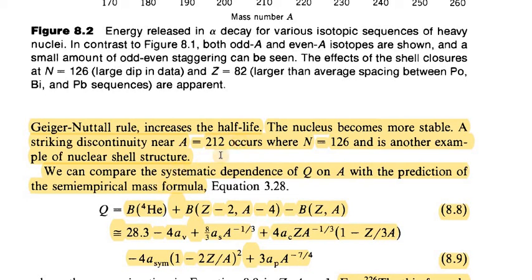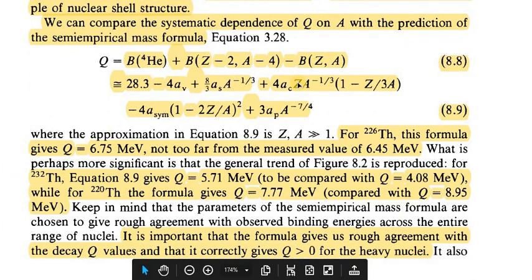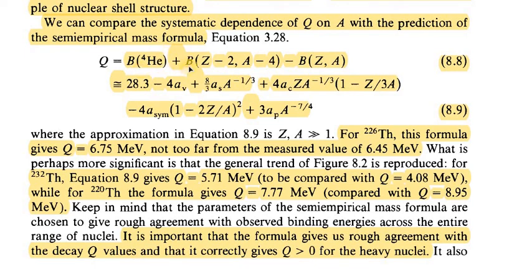We can compare the systematic dependence of Q on A with the prediction of the semi-empirical mass formula. We know that Q equals the binding energy of 4He plus the binding energy of (Z minus 2, A minus 4) minus B of (Z, A), where the binding energy of 4He is approximated as 28.3.